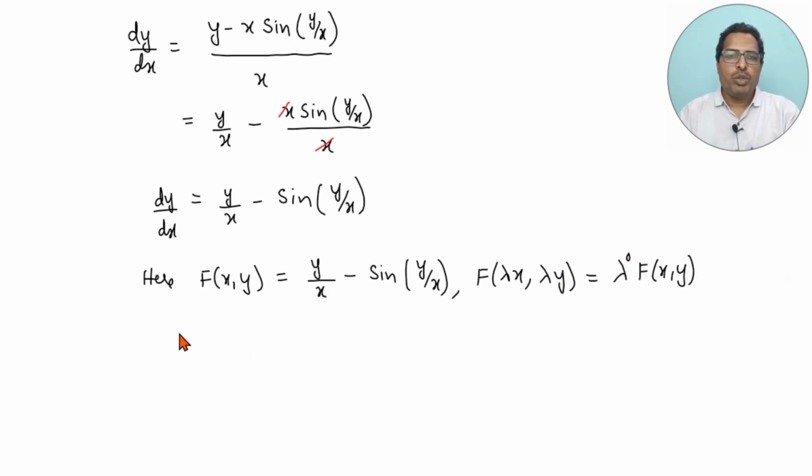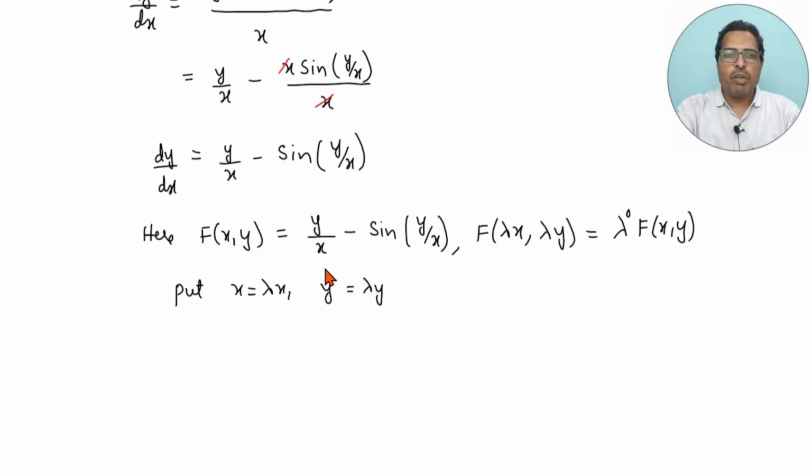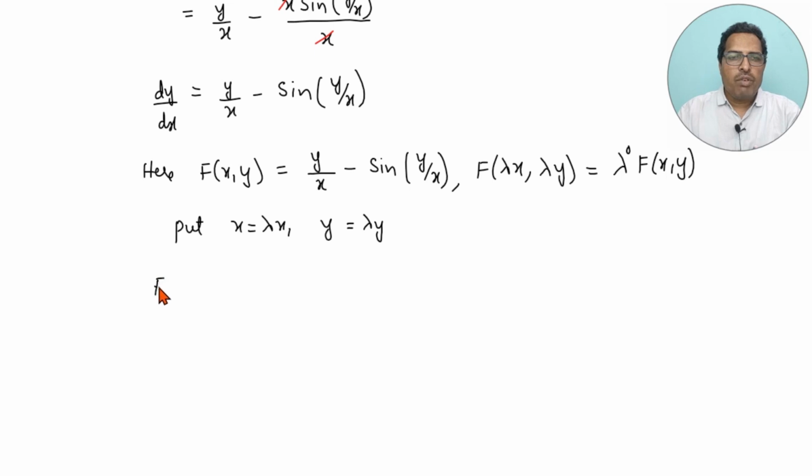For that, we need to put x equal to lambda x, and we have to put y equal to lambda y in this given function f. Let us try to replace it. f of lambda x, lambda y is equal to, here y is lambda y divided by x is lambda x, minus sine of y is lambda y divided by x is lambda x.